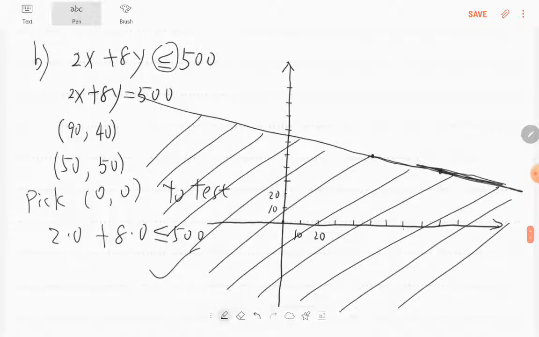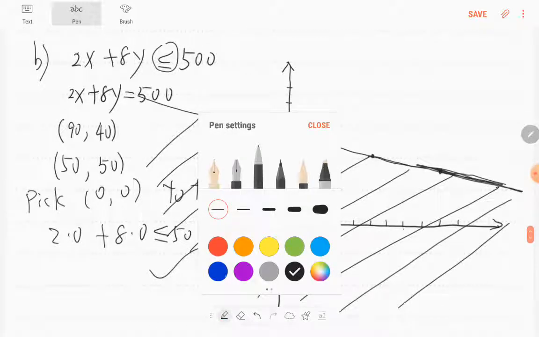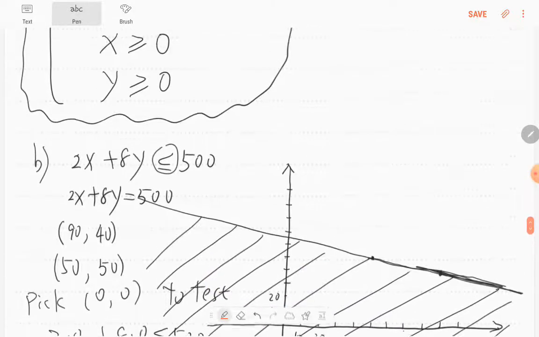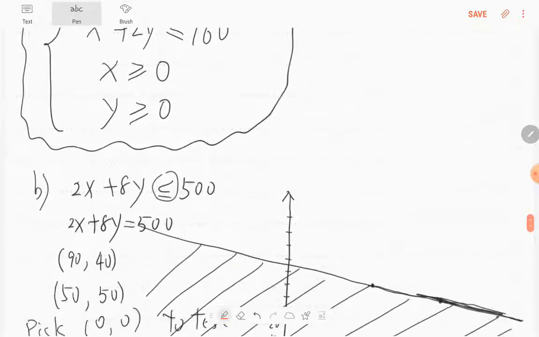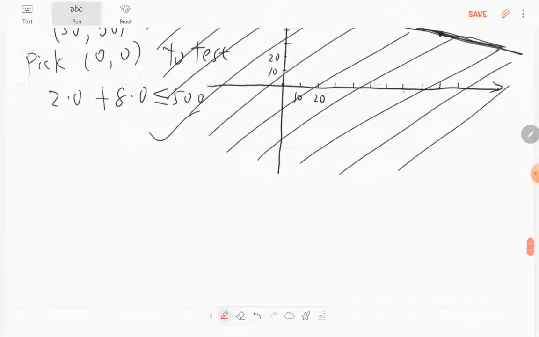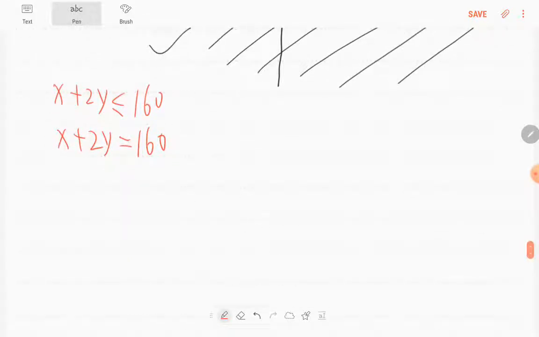Let's look at the second one. We use the red pen. The second one is x plus 2y less than or equal to 160. We still look at the boundary. This boundary is a solid line because it's less than or equal to, so its equal sign is included. We have two points.